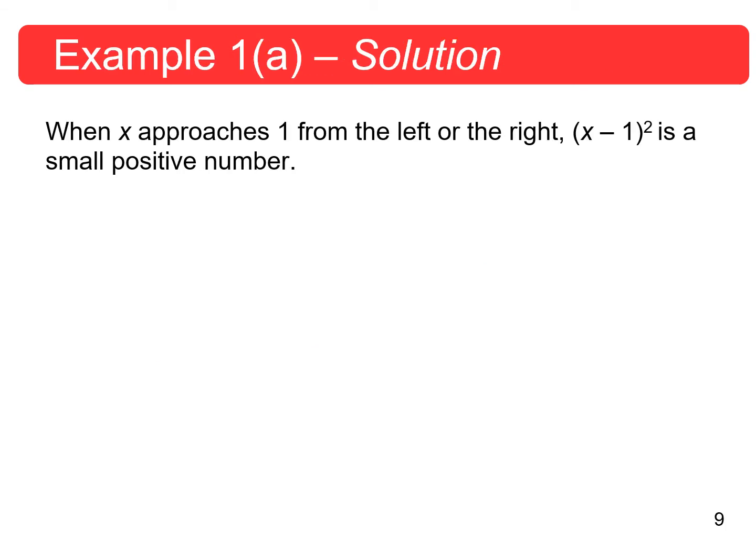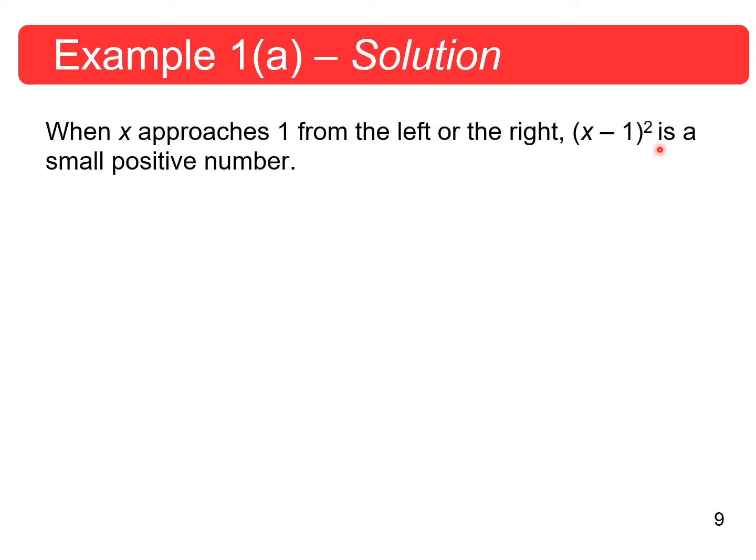Now let's try to compute the limit analytically. When x approaches 1 from the left or right, this expression here is a small positive number. If x approaches 1 from the left, that is a value less than 1, let's say 0.99. Then 0.99 minus 1 is -0.01, and when you square that, it's a small positive number.